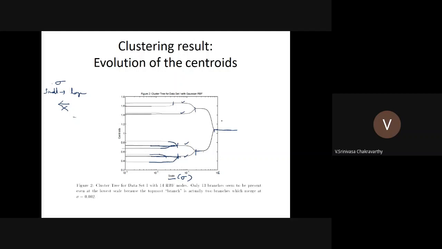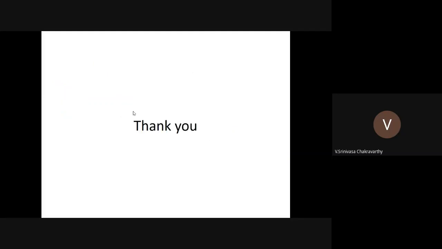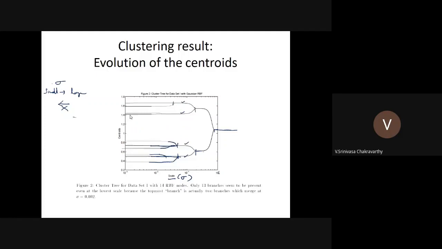They won't just separate like that, unless you add noise and do some extra stuff. But when you go from small sigmas to large sigmas, and you start with a lot of random initial centroids, they will start merging. So this can normally only be worked out in one direction, from small sigma to large sigma.